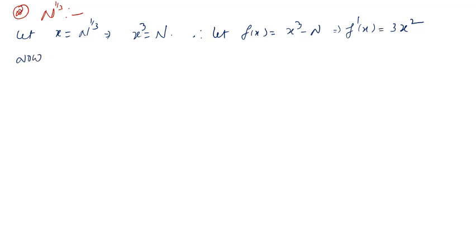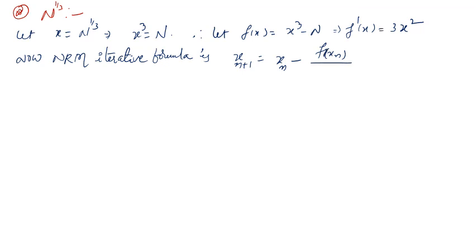Now the NRM iterative formula is xn plus 1 equal to xn minus f of xn by f dash xn.